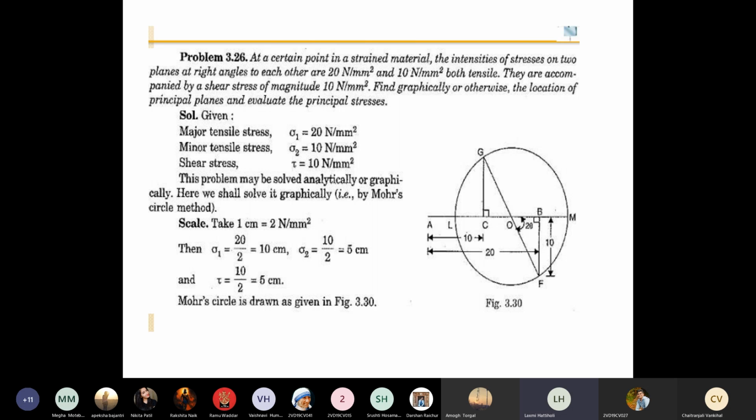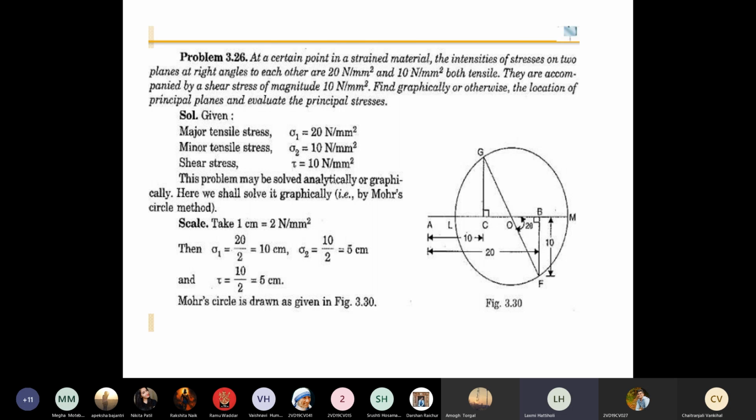Instead of giving a diagrammatic representation, a 2D block showing where sigma x and sigma y are, he has given it in the form of a sentence. We know that sigma x and sigma y are always at right angles, perpendicular. Both are tensile.